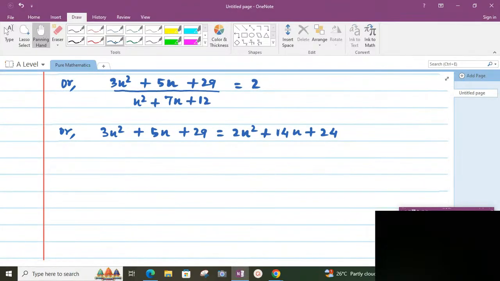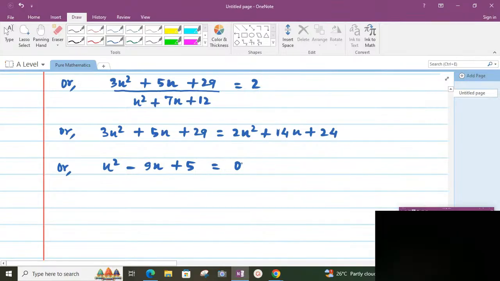All terms of the right hand side move to the left hand side, then we get here 3x square minus 2x square equal to x square, 5x minus 14x equal to minus 9x, and 29 minus 24 equal to 5 equal to 0. After there is no problem to understand up to this step.